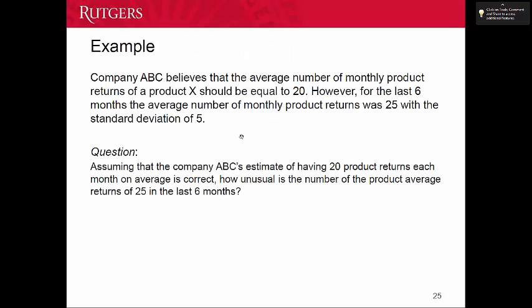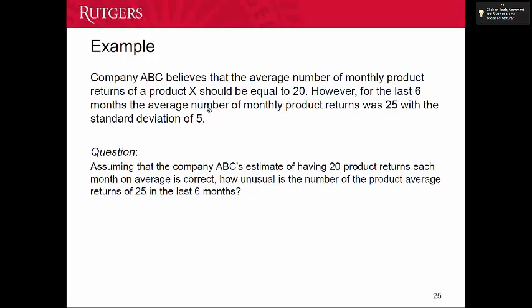Now let's take a look at another example about how to use the t-score and the t-distribution. Again, we know nothing about the distribution of the monthly product returns of product X. The company ABC believes that the average number of monthly product returns of product X should be equal to 20.